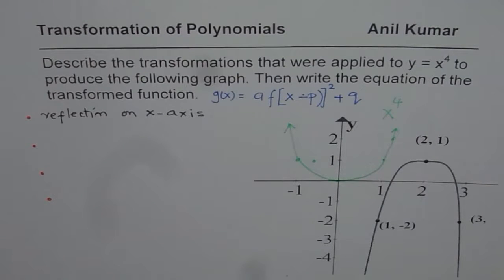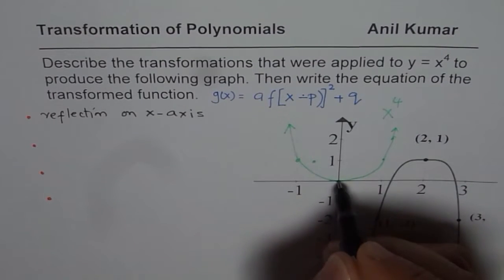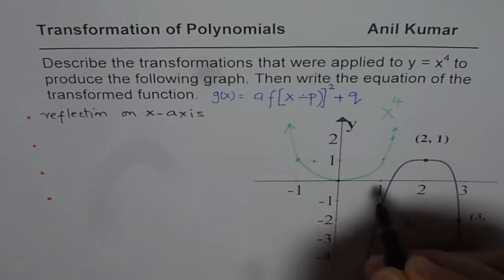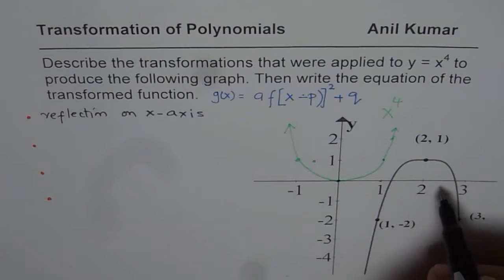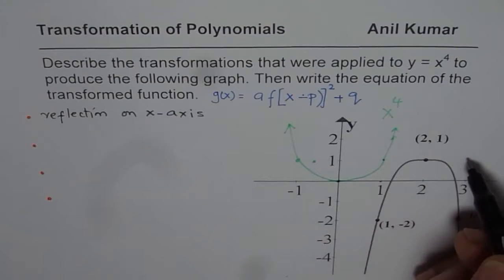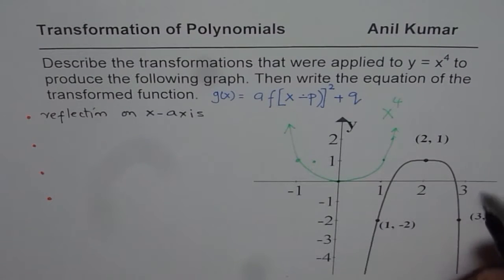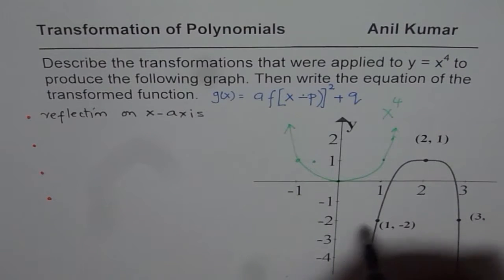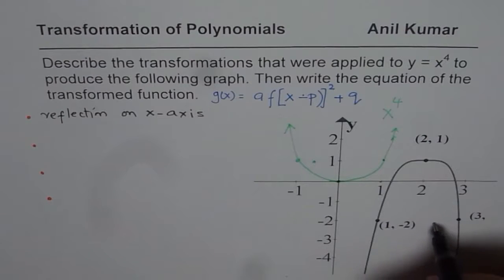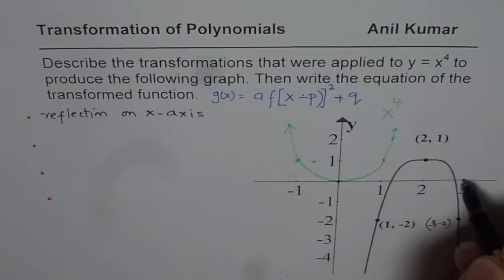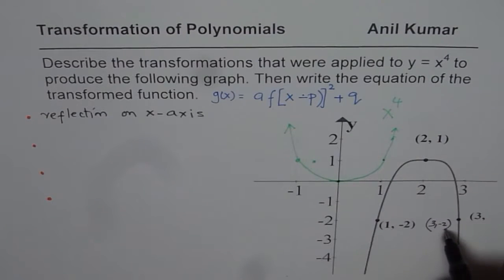Let's get into the vertical stretch or compression part. Normally, if you move 1 unit to the right, the graph moves 1 up. In this case, if I move 1 unit to the right, how many do we move down? This point here is (3, minus 2). So you move 3 units down, from 1 to minus 2.